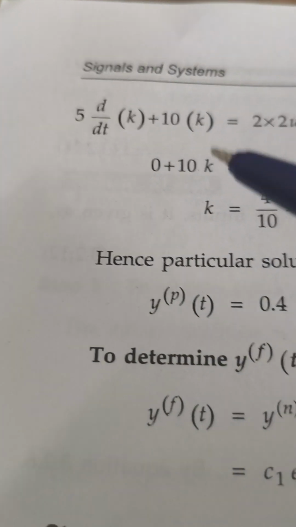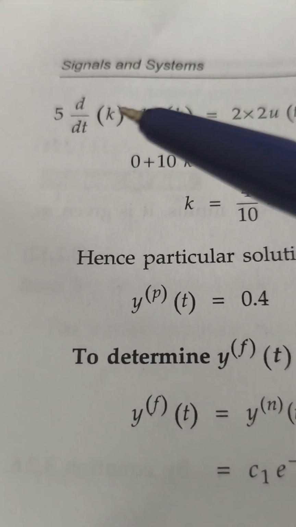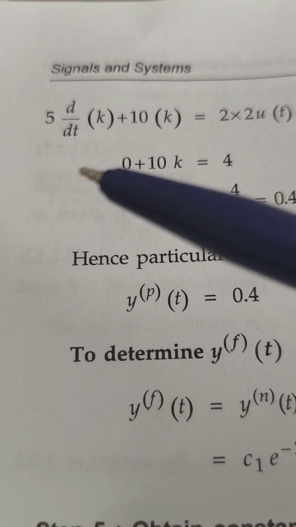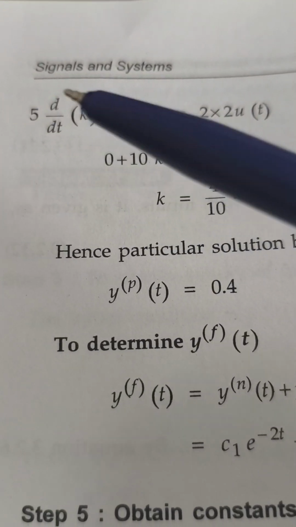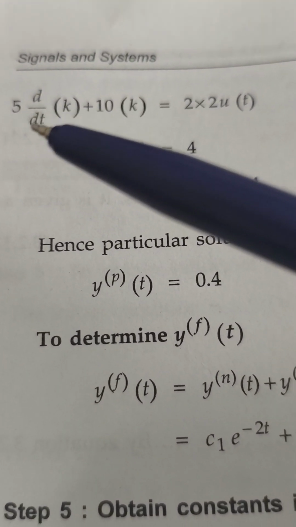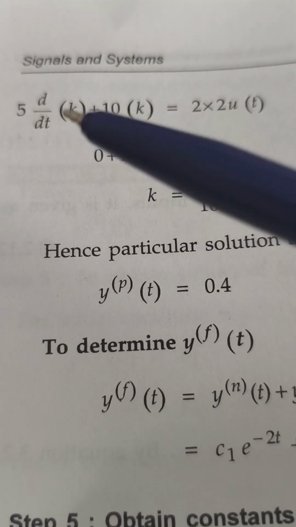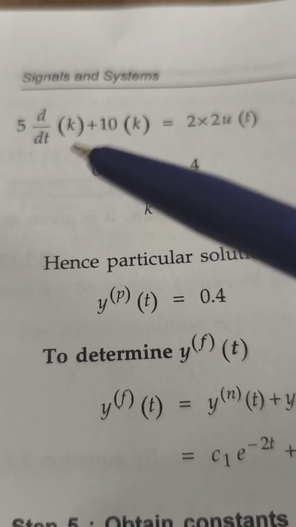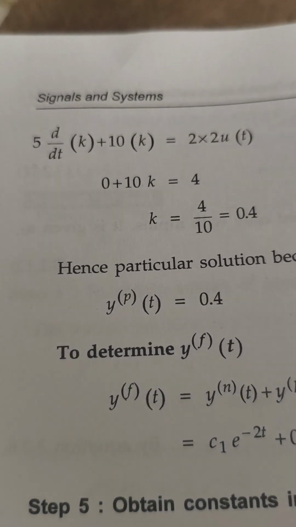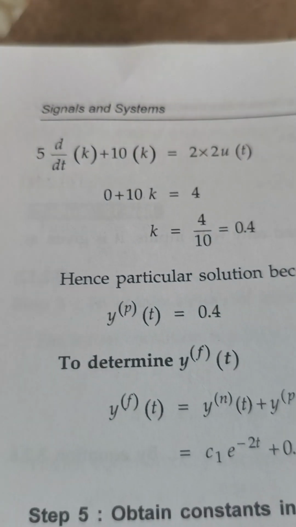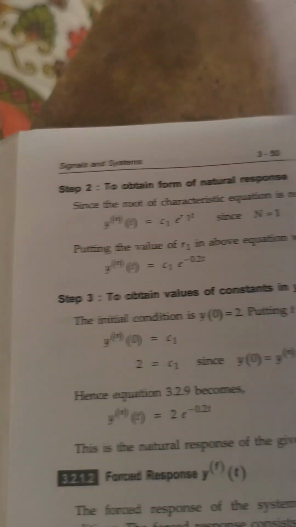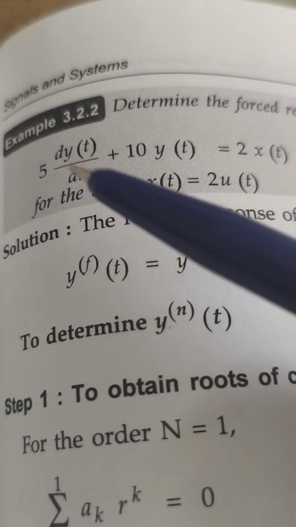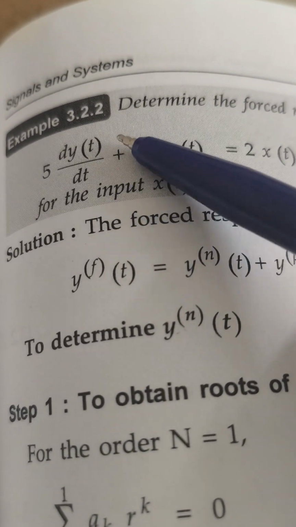But here, in the term dy of t by dt with k, this term becomes 0. Why? Because here we are differentiating with respect to t, but the term is k. If we differentiate y of t with respect to t, we will get some value.